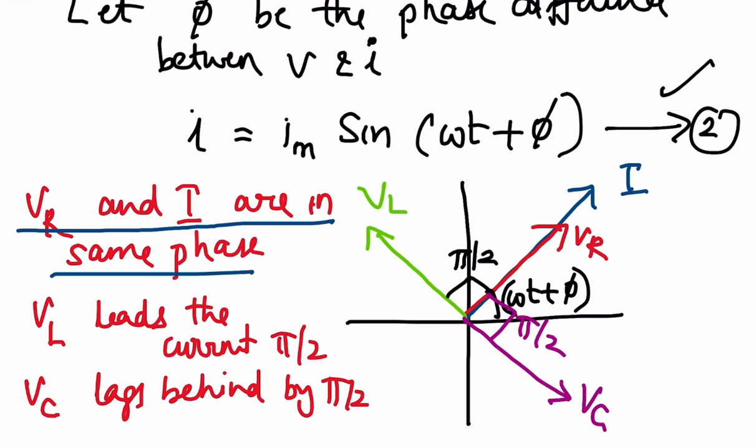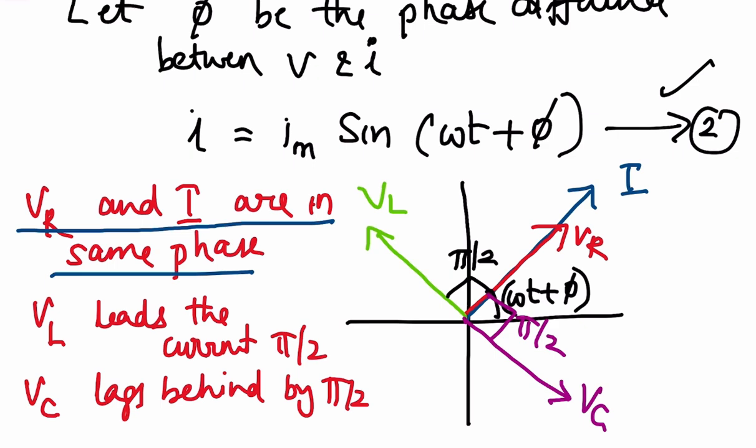In the case of capacitance, the voltage lags behind the current by pi by 2, so I have taken it behind the current, shown by the purple color. Okay.